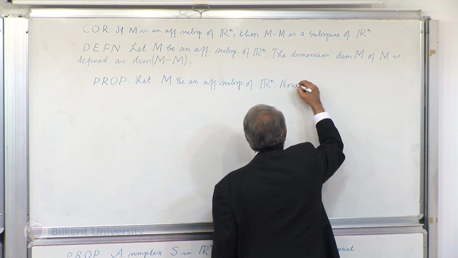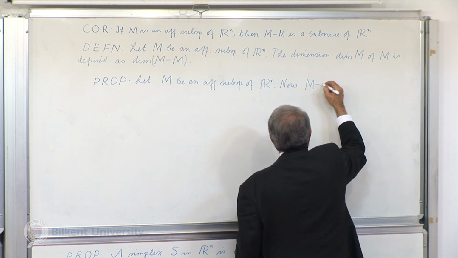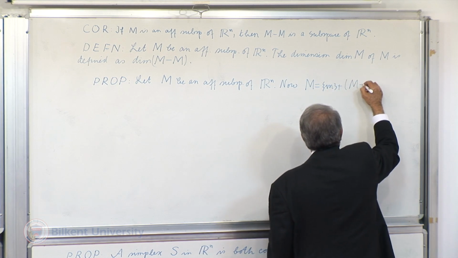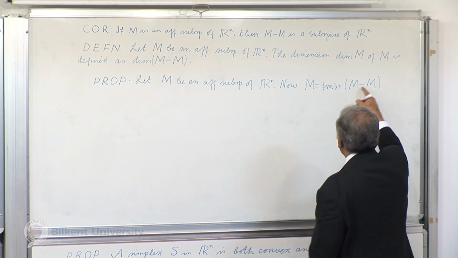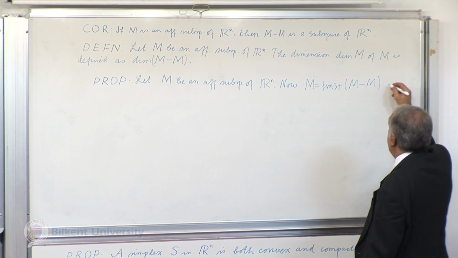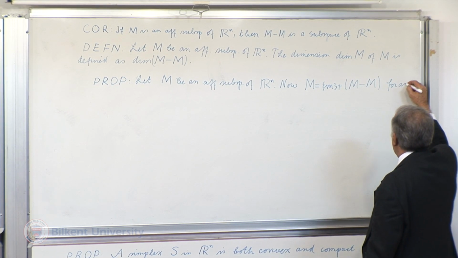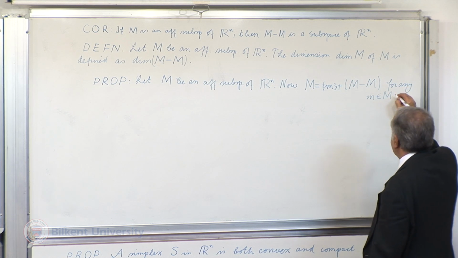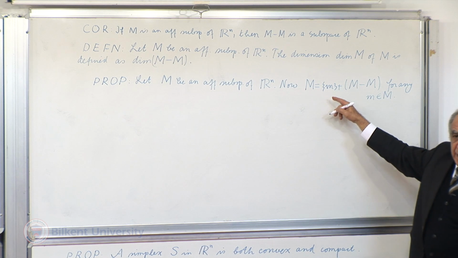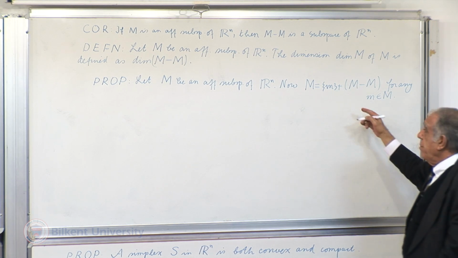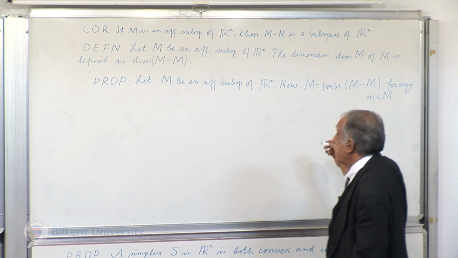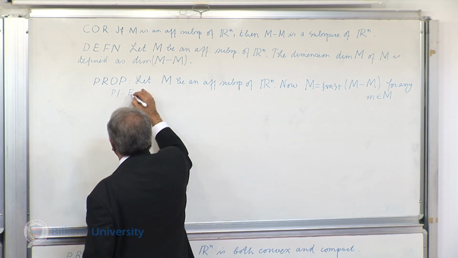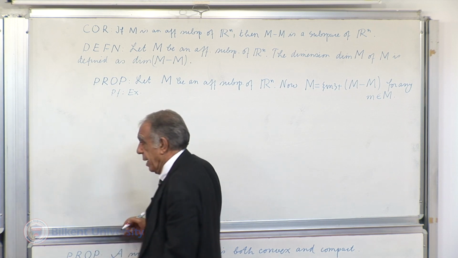Now, M is equal to the singleton m plus M minus M. Now, this part we already know, but this will be the case for any m in M. So I can take here any m in M, so this sum will stay the same. The proof is simple. It's left as an exercise.